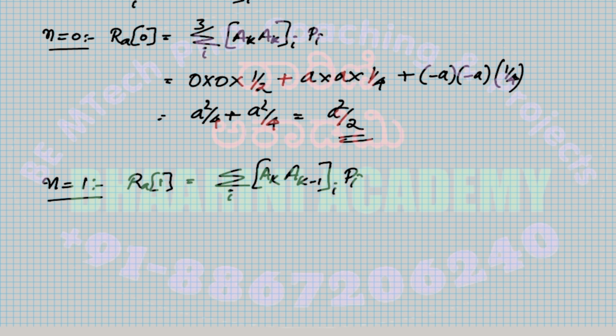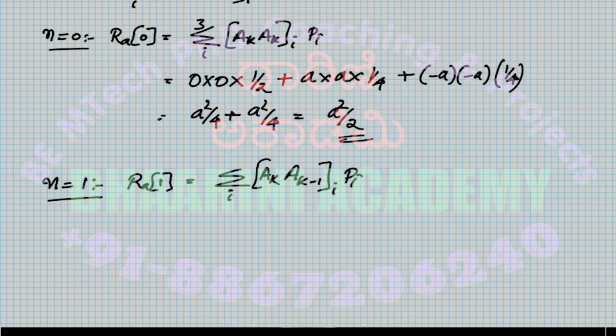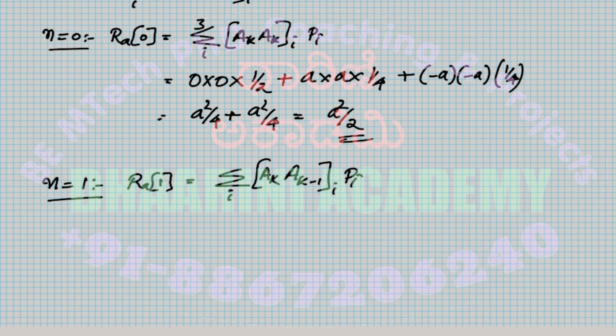Are you okay? Like if AK is A, AK minus 1 can be 0 or it can be something else, 0 or minus A. Like that I have to write. That's the difference here.